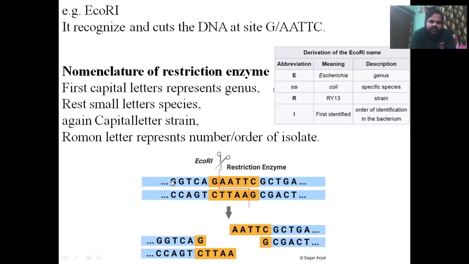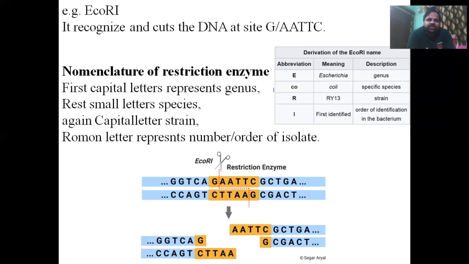Out of the whole sequence, it recognizes a particular site, GAATTC, and cuts at that site. When we have used this EcoR1 restriction endonuclease, we can see two different fragments; it cuts the DNA into two fragments.